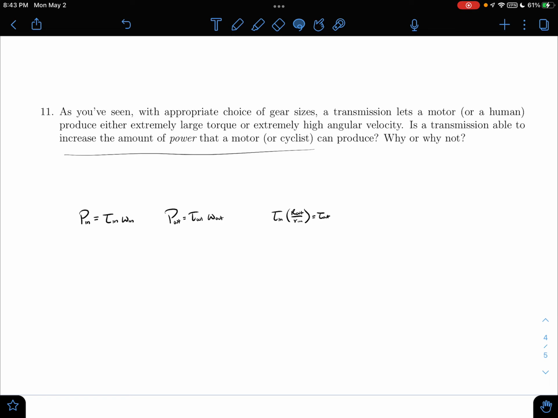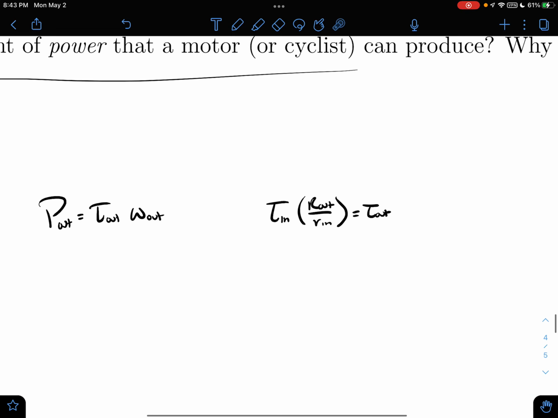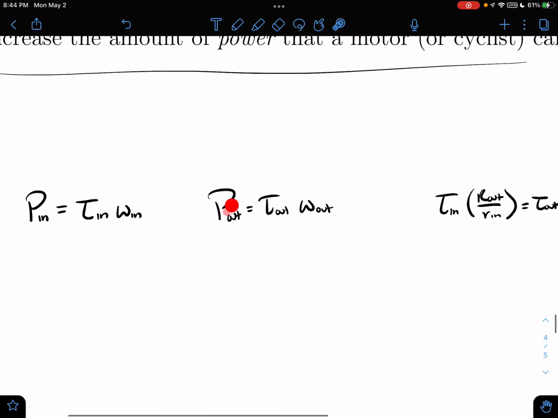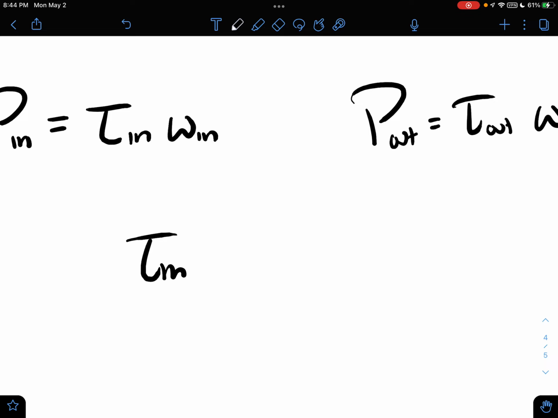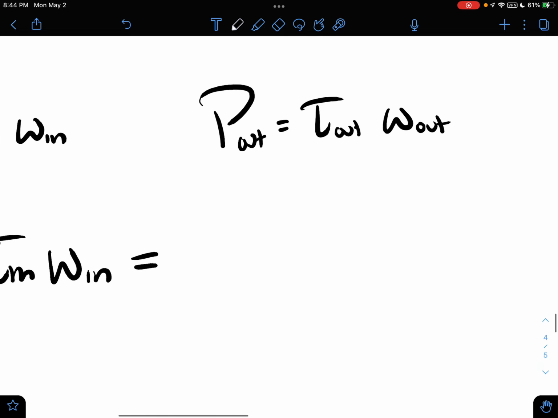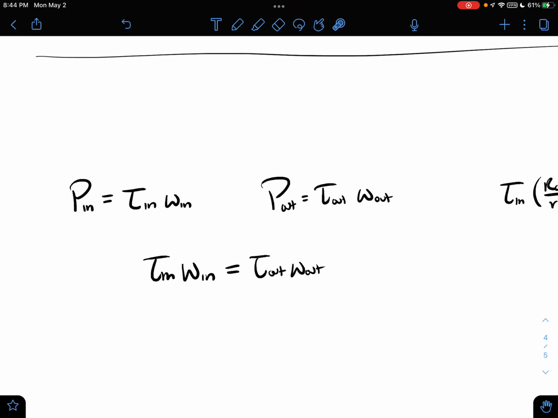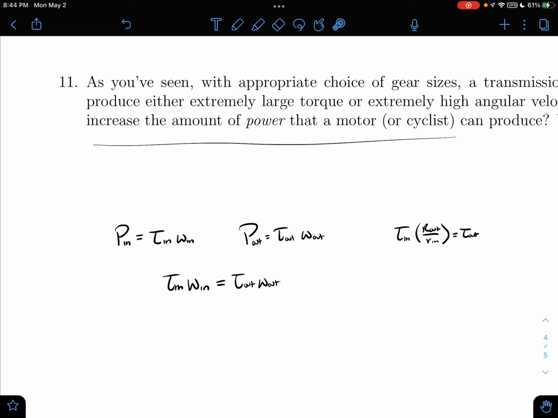If we know we have this relationship here, this is solved for T out. I'm going to plug this in here, and I can set power in and power out equal. So I get T in omega in equals T out omega out. And then I take this and plug it in over here.